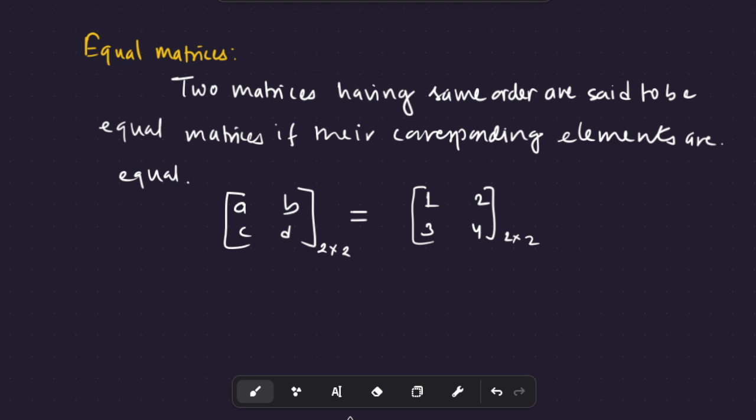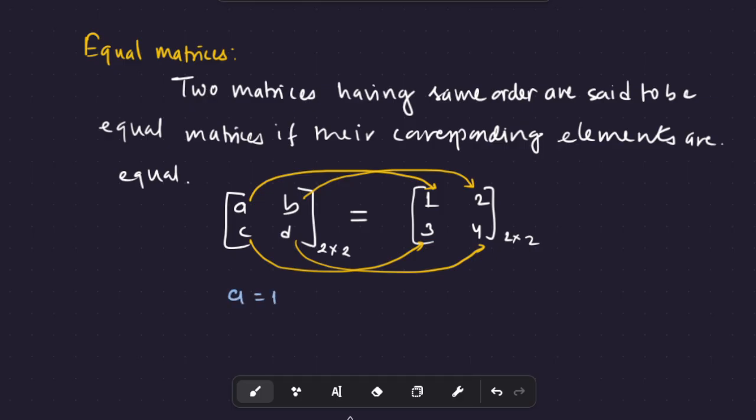Means the element in the first row and first column is A in the first and 1 in the second. The element in the first row and second column is B in the first and 2 in the second. Similarly, in the place of C there is 3. In the place of D there is 4. So it means their corresponding elements will be equal.